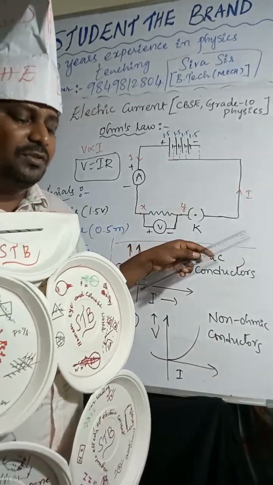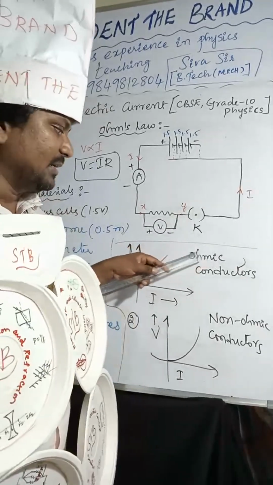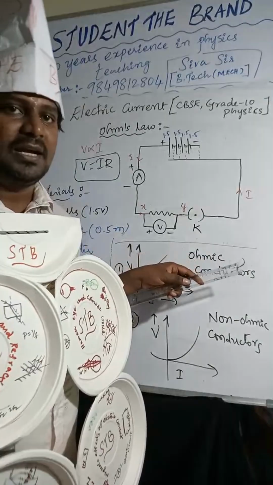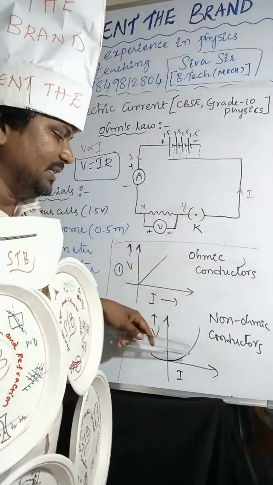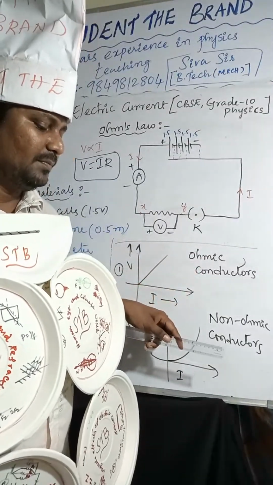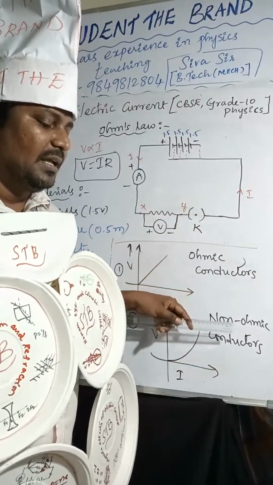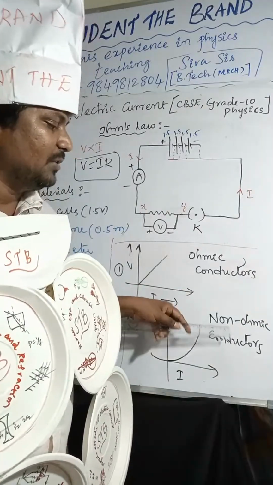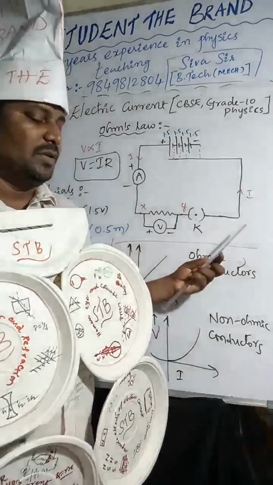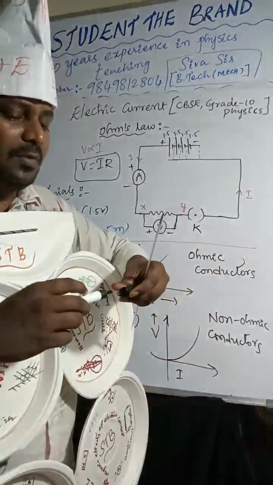The conductors which follow Ohm's law are called ohmic conductors. The substances which do not follow Ohm's law are called non-ohmic conductors. So this is about Ohm's law.